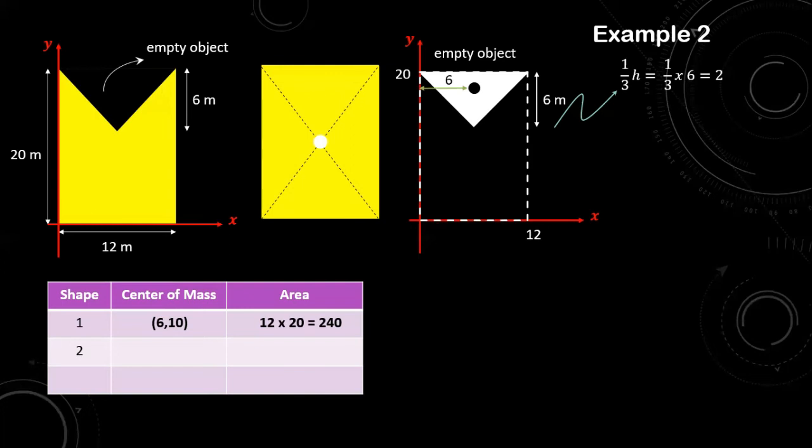How do you know that? Yes, half of 12 meters. So the center of mass of this empty object is 6 meters. Right, everyone?